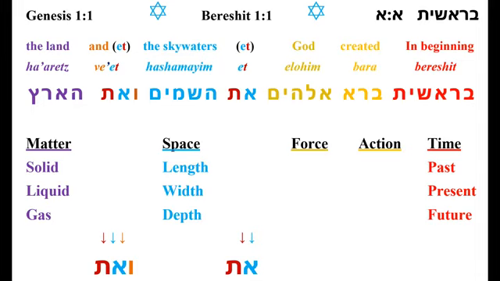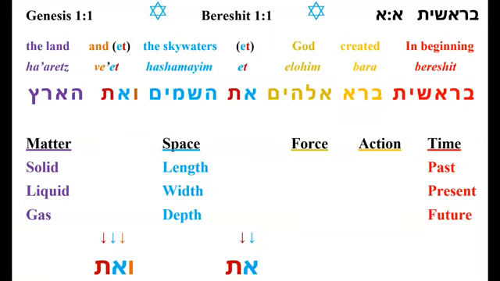Then you have this fourth word, which is et, which, notice, it's not in your King James. It's not in any version. It's only in the Hebrew. And King James, or whoever did the translating, decided we'll just leave it out. So it's a word that shows up thousands of times throughout the Hebrew Bible, and they just kept leaving it out.